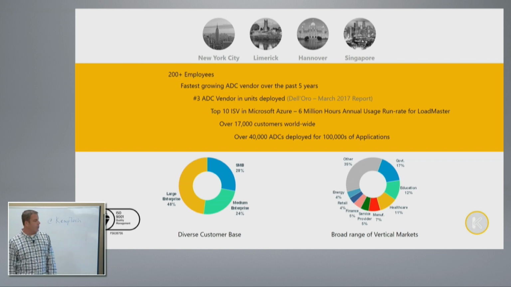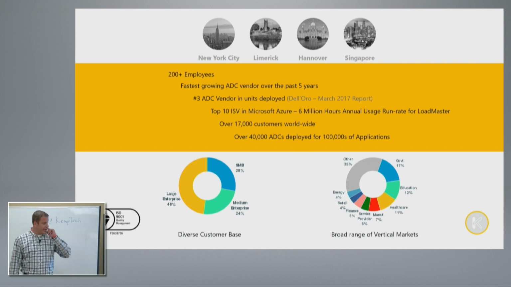Last 5 years, we are the fastest growing ADC vendor. We're top 3 vendor units deployed, and we're doing okay in Azure. We're at a 6 million hours annual run rate, so Microsoft very much likes us up there. 17,000 customers, 40,000 deployments worldwide.